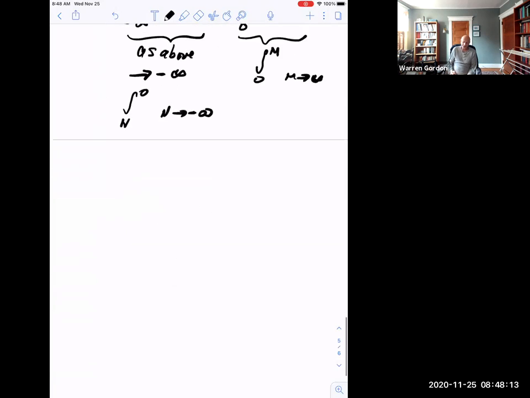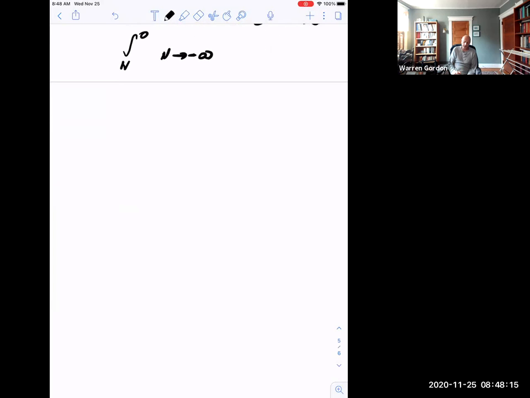So basically, how do we handle a problem of this type? To be technical, what we do is we replace the infinity by some number n, and then we compute it. If this converges and we get a finite value, that will be the answer.